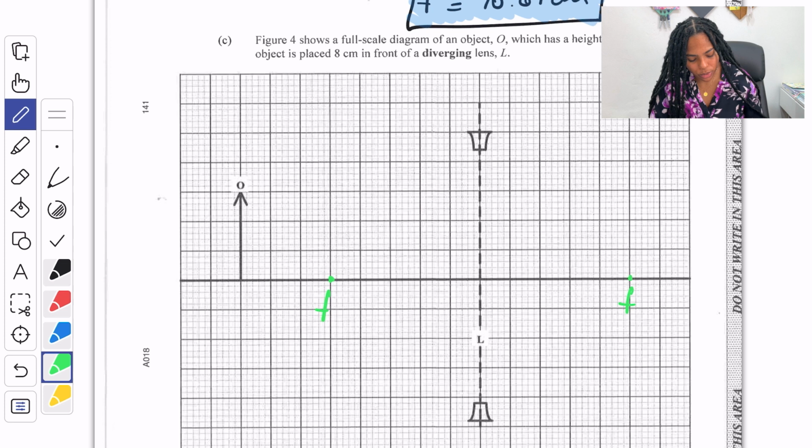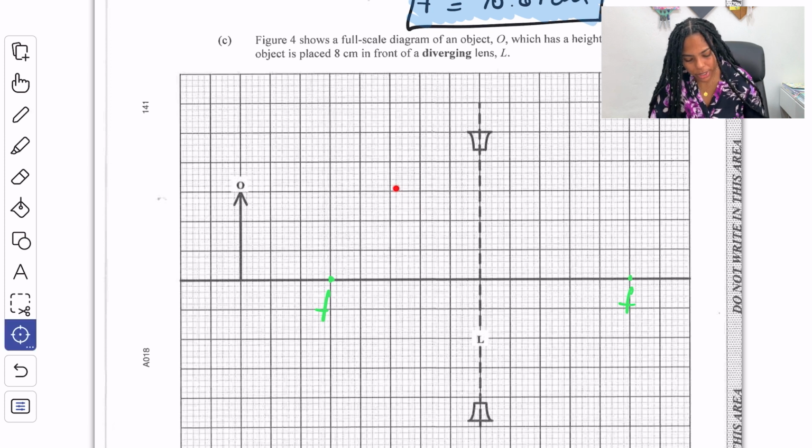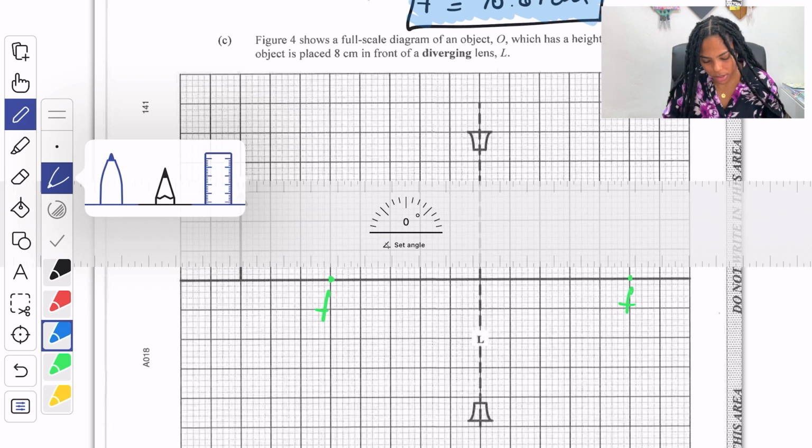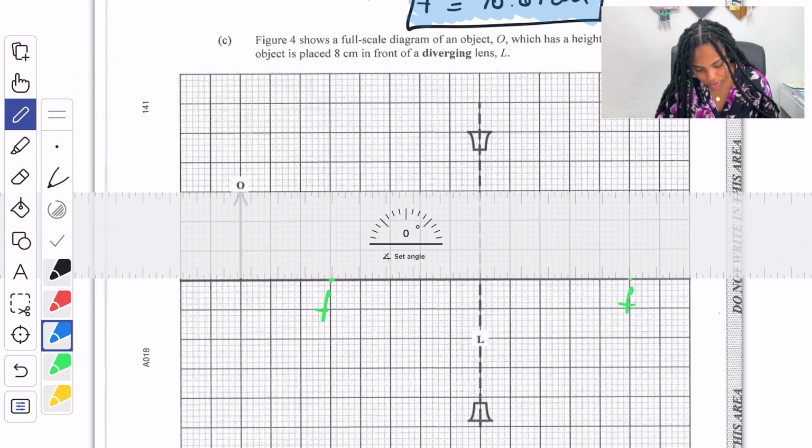So we know that we always show a ray coming off from the top going horizontally and a ray coming off going through the optical center. So first we have the one I'll do going straight across first.